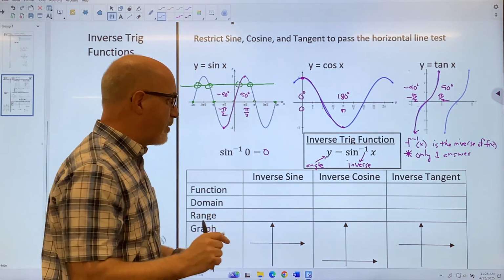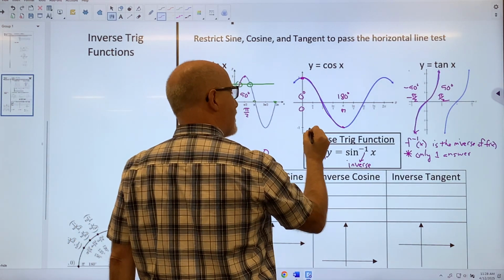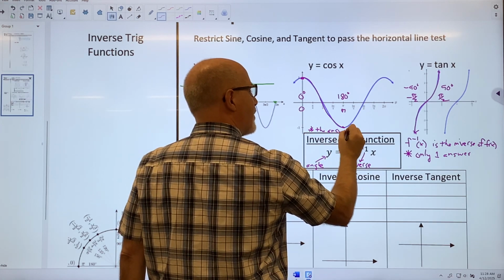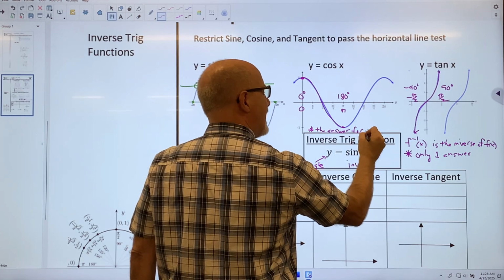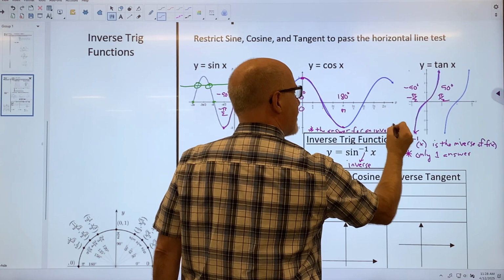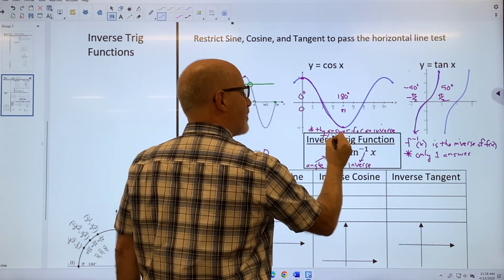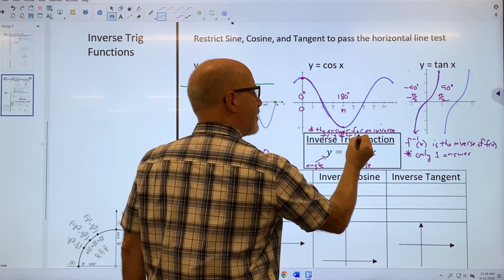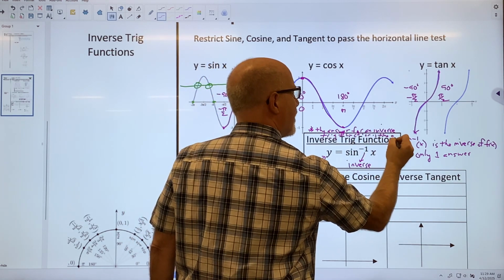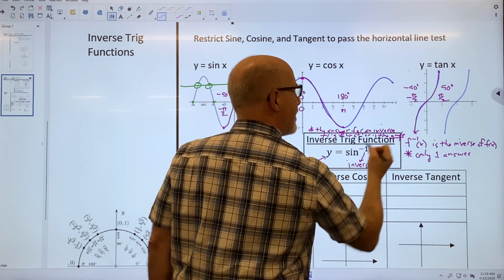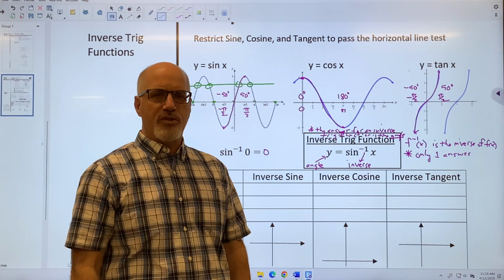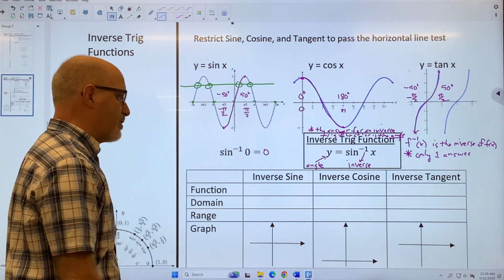That's an important one, okay? That's an important idea to get when you're dealing with these inverse trig functions. You're getting out an angle as a result.